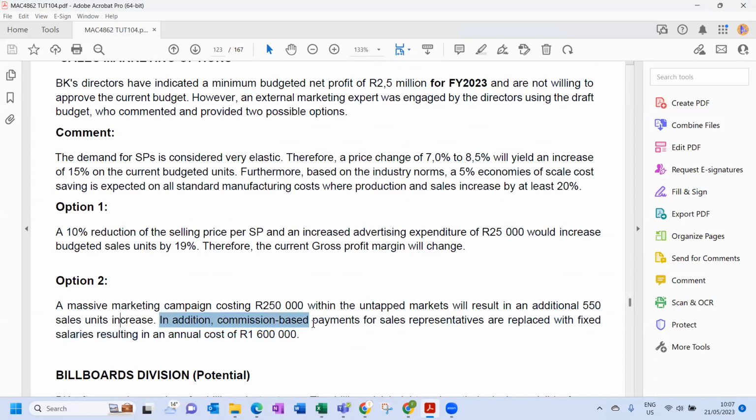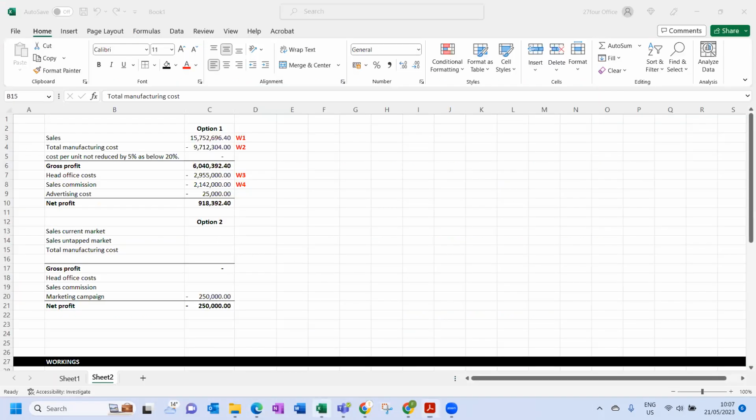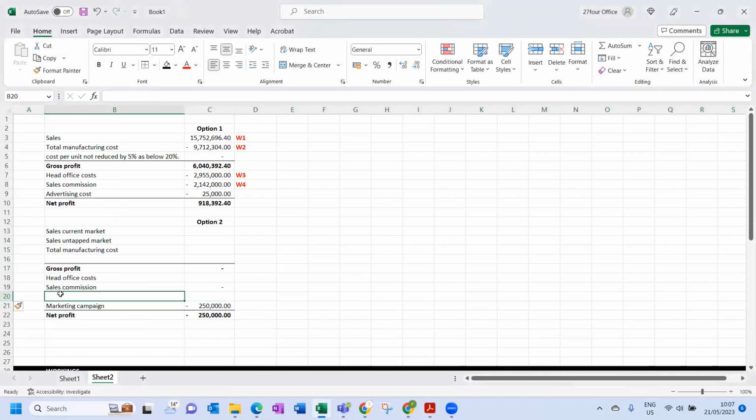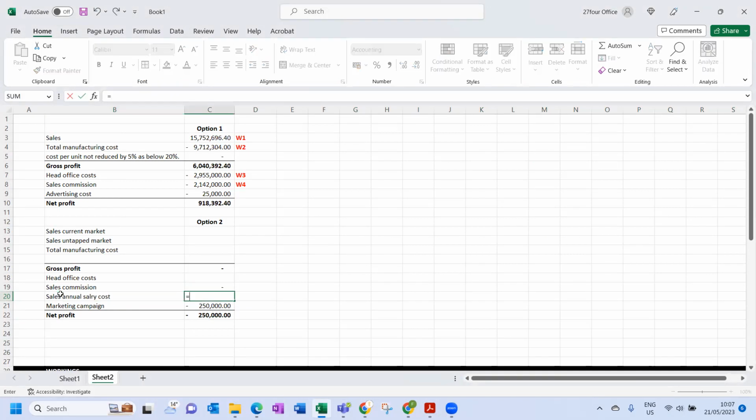In addition, the current commission-based payment for sales representatives is replaced with fixed salaries at an annual cost of 1.6 million. So sales commission is 0. Sales annual salary costs equal negative 1,600.